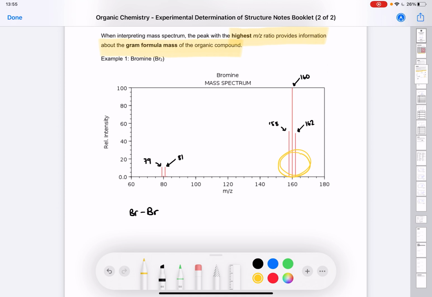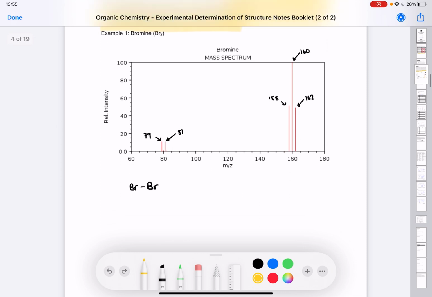I have written that a wee bit later on, so you don't need to worry too much about writing that just now. But let's now take this a wee bit further. Looking at our bromine, let's look at all the different variations of bromine that we could have. So we could have a bromine isotope with a mass of 79 paired to another bromine isotope with a mass of 79.